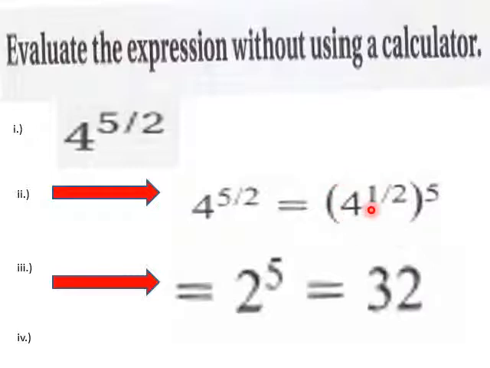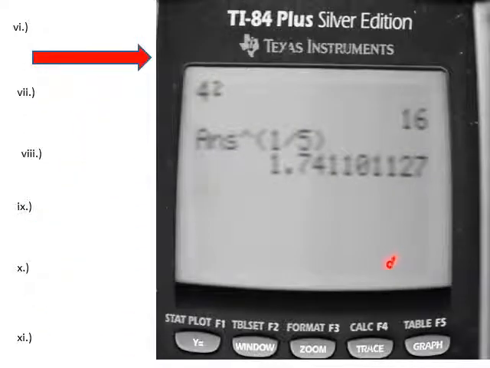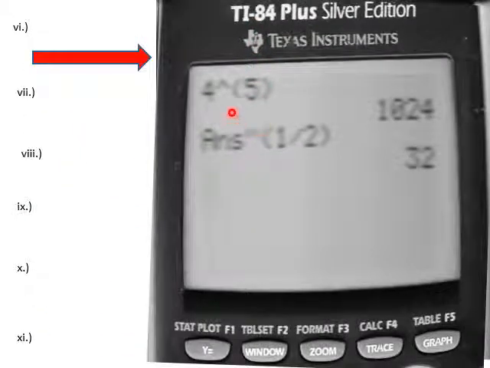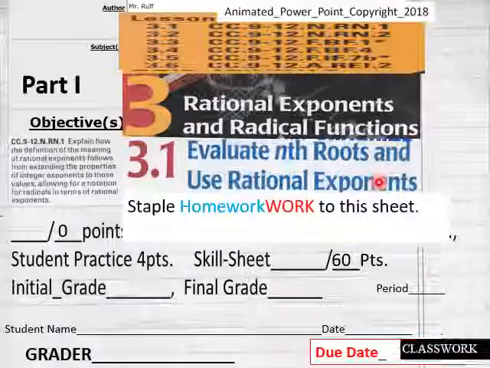Anything to the 1/2 power is taking the square root of it. Square root of 4 is 2, and then we take that to the 5th power, which is 32. And then this shows how it's done on a calculator here.